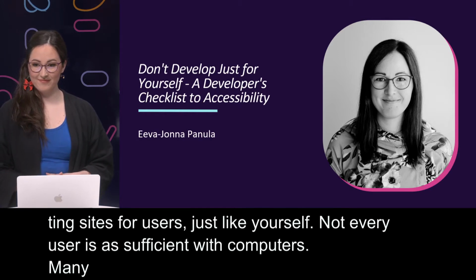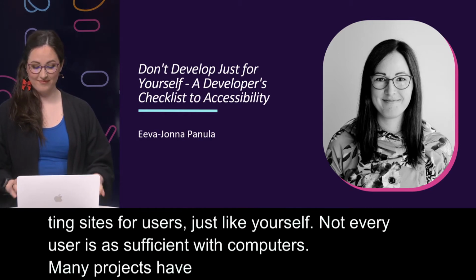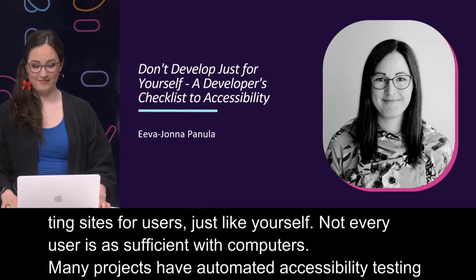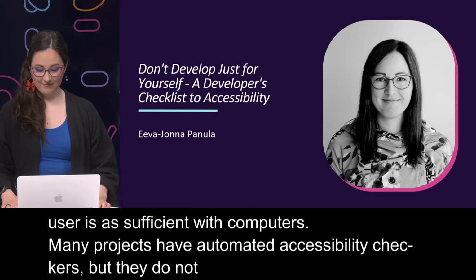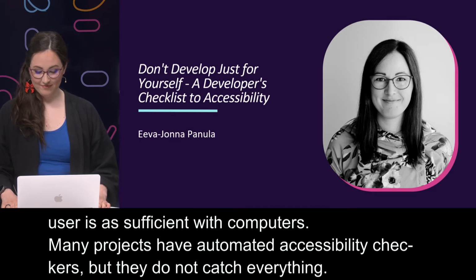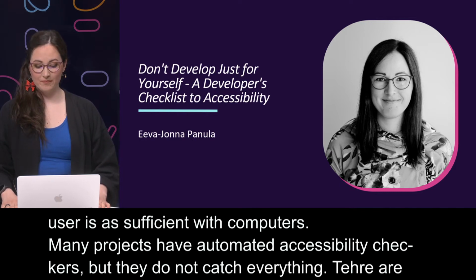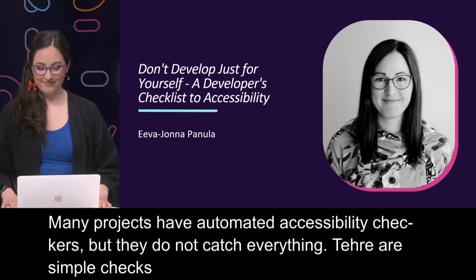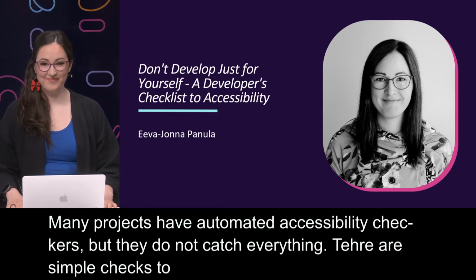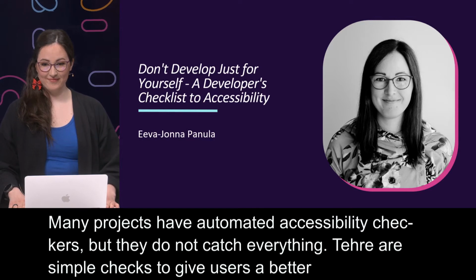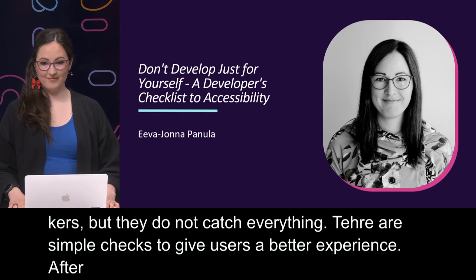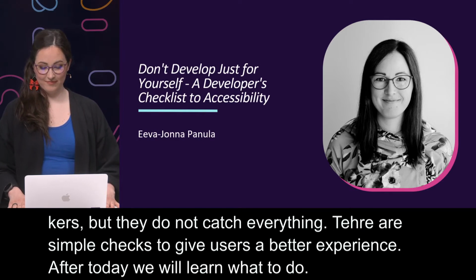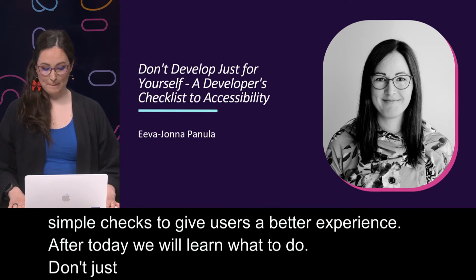But they don't catch most of the failures on accessibility. There are some fairly simple checks to ensure a better experience for your users, and from this talk, you and I will learn how to do them, and most importantly, how they are essential to do. So, don't develop it just for yourself. A developer's checklist to accessibility.